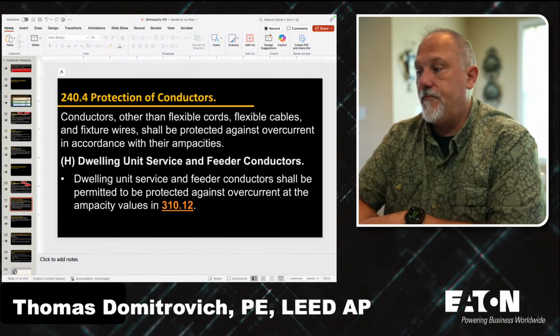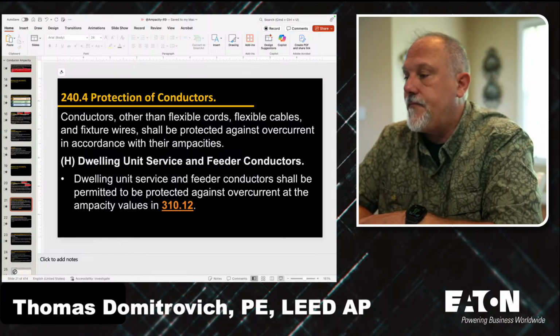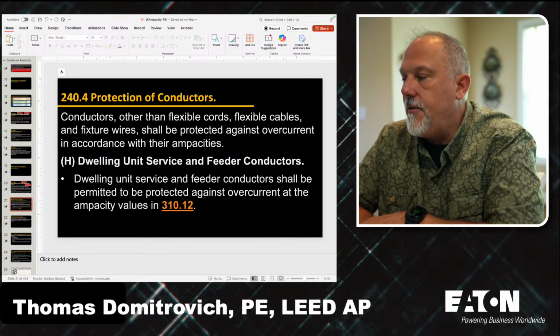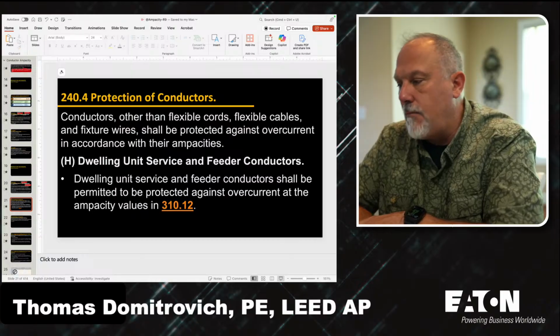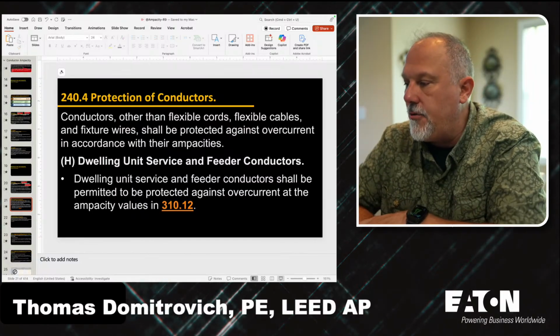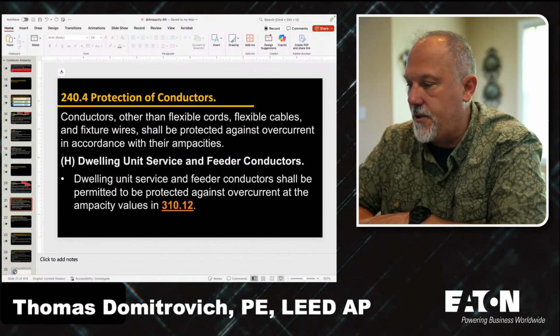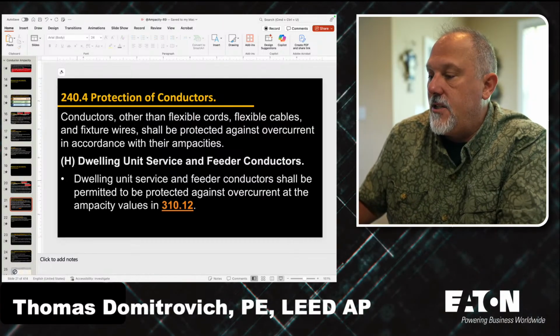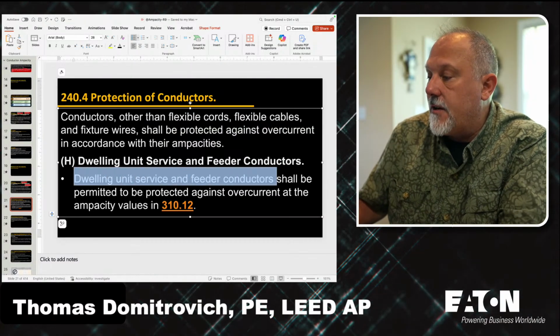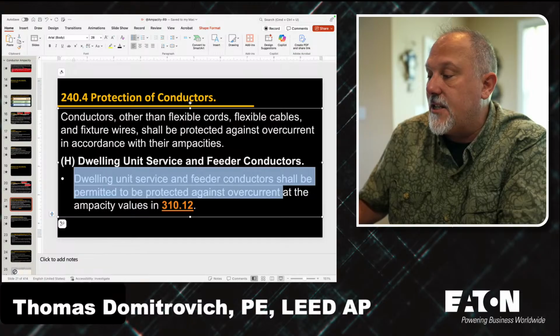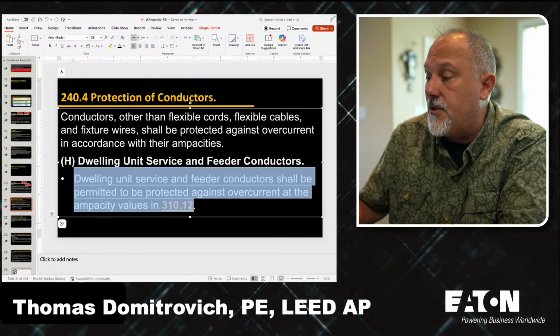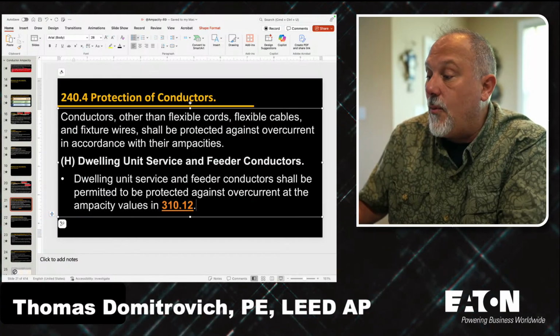All right, so 240.4 says, conductors other than flexible cords, flexible cables, and so on, and in H, dwelling unit service and feeder conductors. It says dwelling unit service and feeder conductors shall be permitted to be protected against overcurrent at the ampacity values in 310.12.